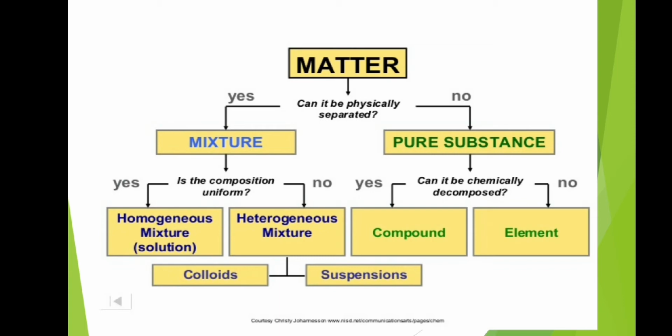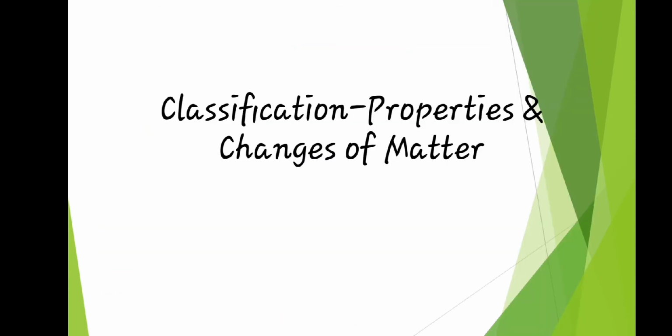So this illustration shows how matter can be physically separated by means of composition, which is its uniformity, and by means of chemical decomposition. Okay, so let's move on to the next slide.